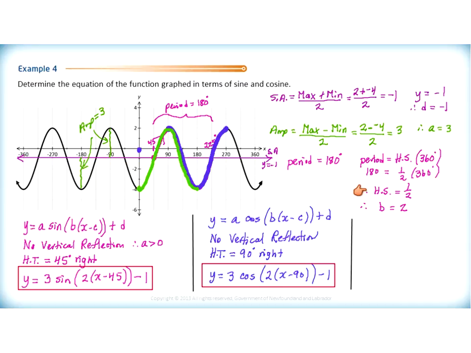So the horizontal stretch is still going to be a half. The amplitude is going to be 3. The sinusoidal axis is still through y equals -1. But in terms of the cosine this time, note that the V is upside down. So here we did have a vertical reflection in the x-axis.